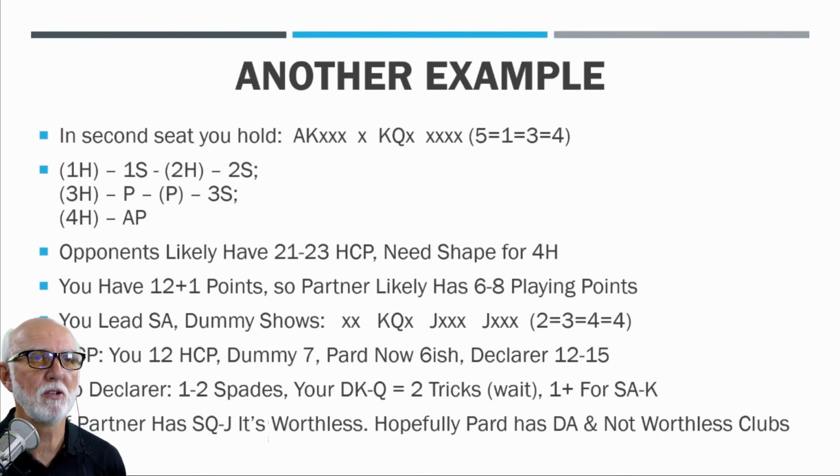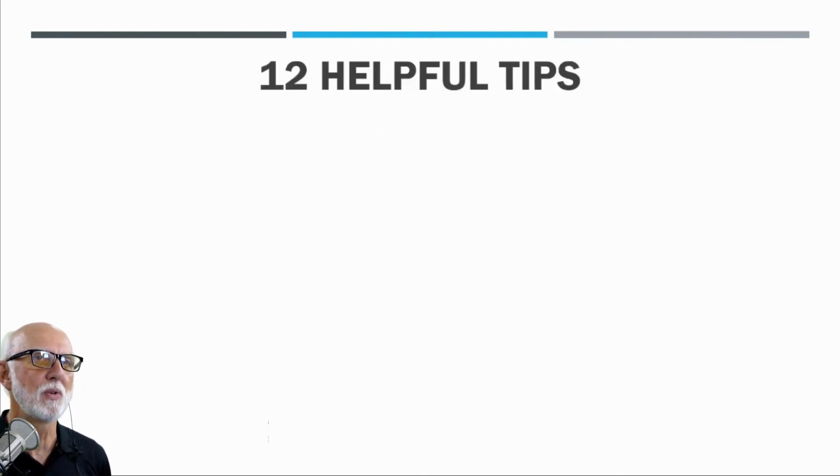We don't want to promote their jack, that's for sure. So hopefully partner has, of that 7 points, an ace, a primary honor somewhere. If they've got the king or the queen, it may not get anything, because declarer gets to the dummy with that king, queen of hearts, and then they just start ruthlessly finessing and refinessing our partner. That won't be so good. So these are things we would be thinking about as we go through there.